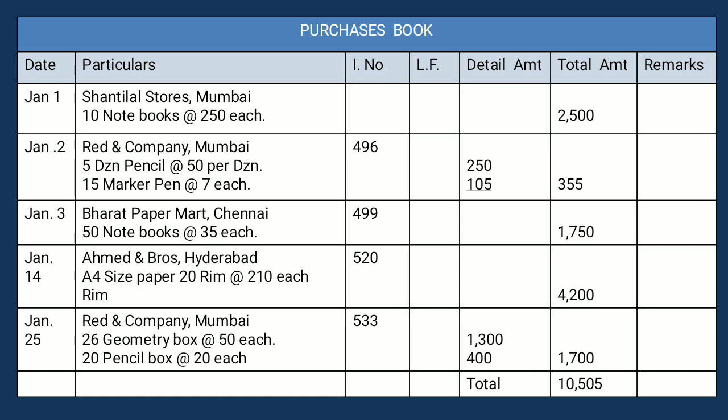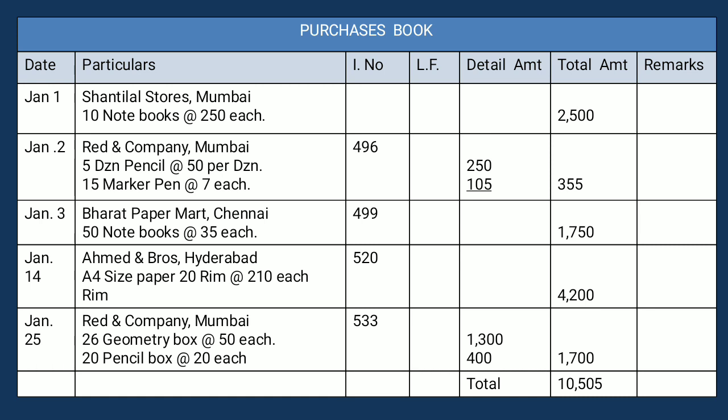What we purchased: in the particulars column I have mentioned 5 dozen pencils at the rate of 50 per dozen, that is 250 rupees, which I have written in the details column. Then 15 marker pens at the rate of 7 each. 15 multiplied by 7 is equal to 105, recorded in the details column. So with Red and Company we purchased a total of 355, and we record that 355 in the amount column.